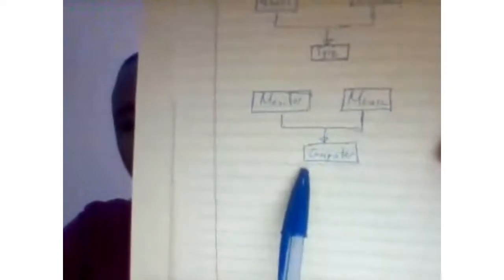We can have a parent called monitor and a parent called mouse, and these two classes form a child class called a computer. Now look at how that works.